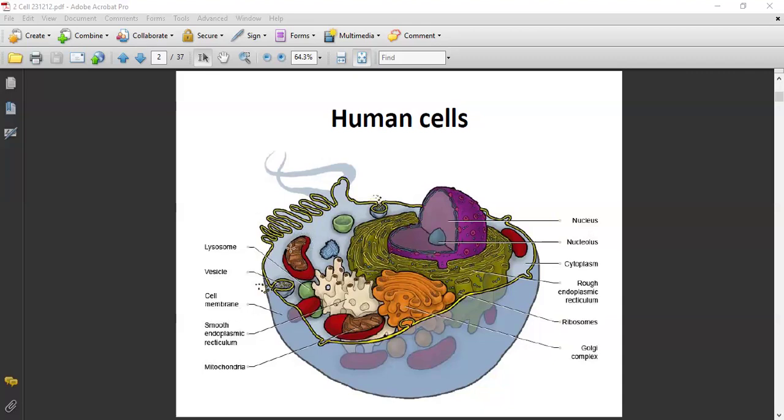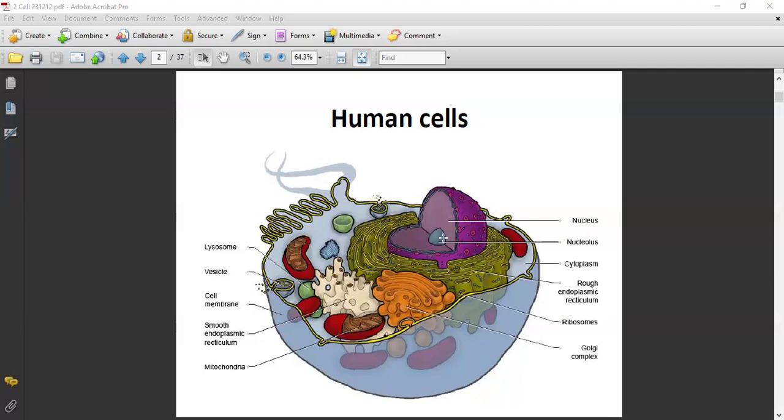You have this compartment that is organelle, that's the mitochondria, this compartment that is Golgi apparatus, and this compartment and this compartment. So you can see that everything is separated and they have their own compartment.